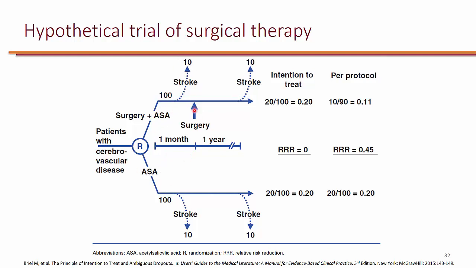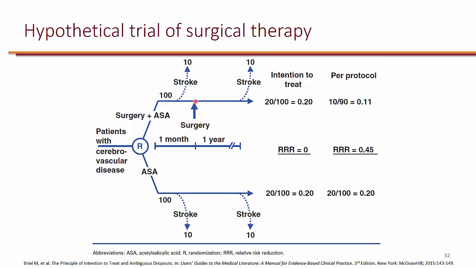Now, at the 1 month point, the group that also has surgery is going to have the surgery. Okay. The problem is those patients who had stroke, those 10%, they may not make it to the surgery anymore. And then at the end, let's say the rate of stroke was still 10%. In other words, let's say surgery makes no difference.